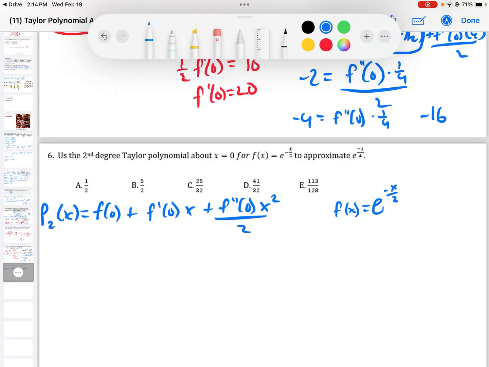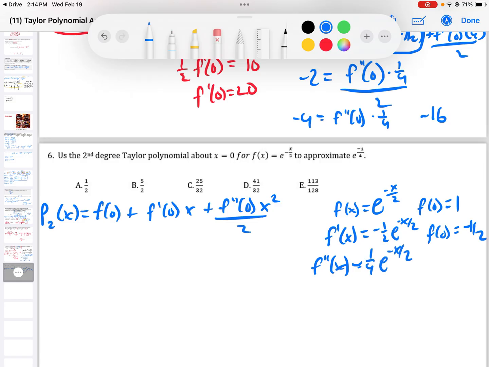All right, f of x is equal to e to the negative x over 2. F of 0 is just 1. The first derivative would be negative 1/2 e to the negative x over 2. F prime of 0 there would be negative 1/2.